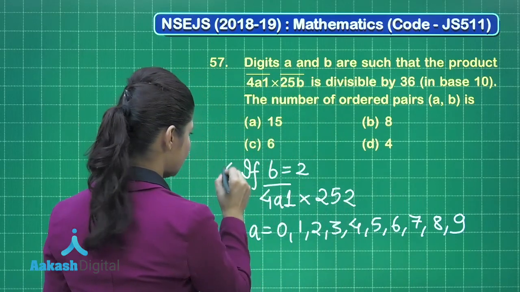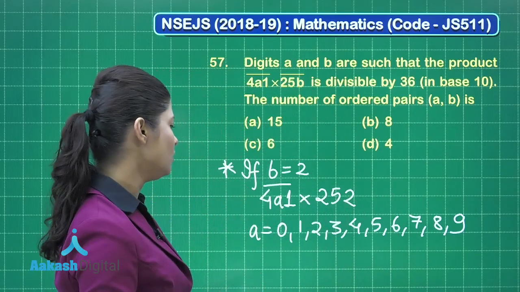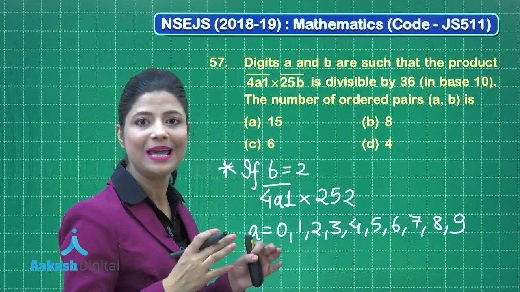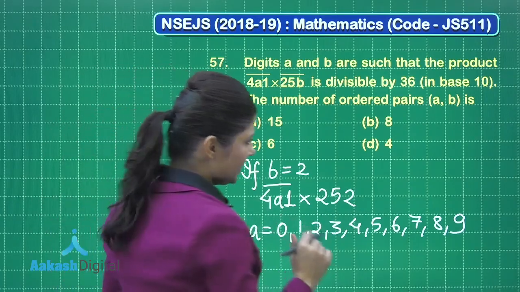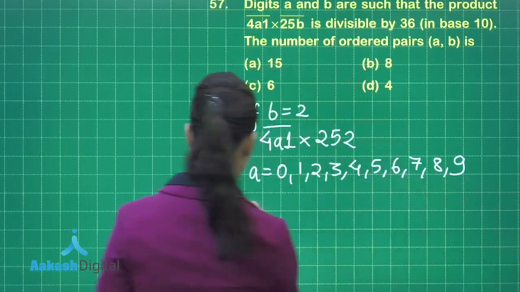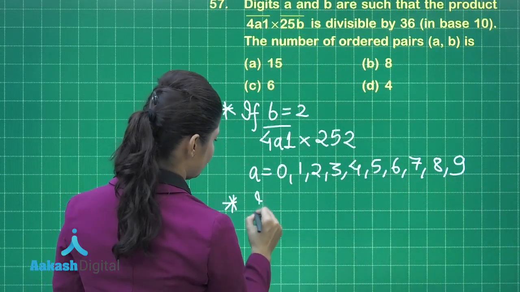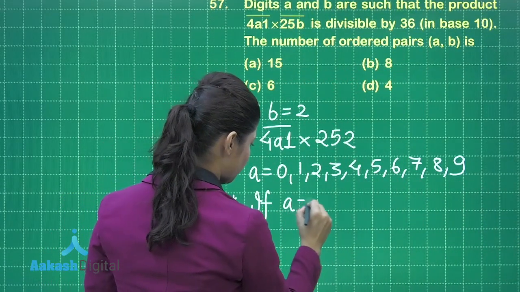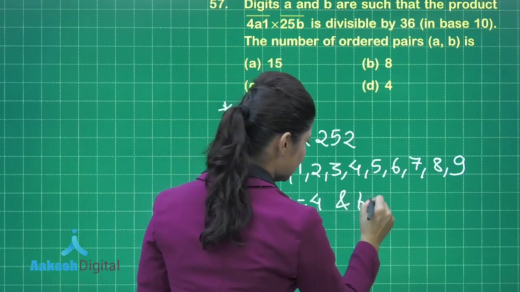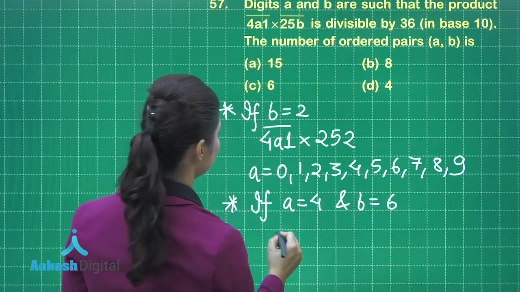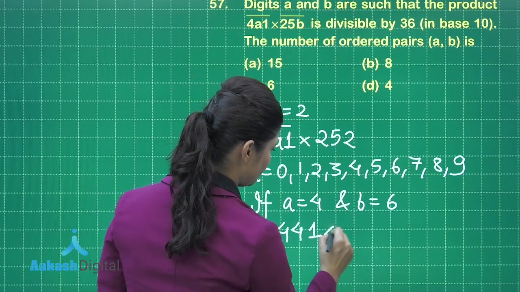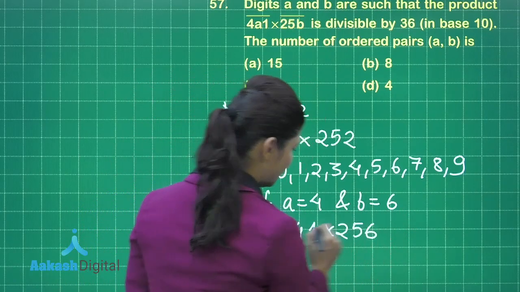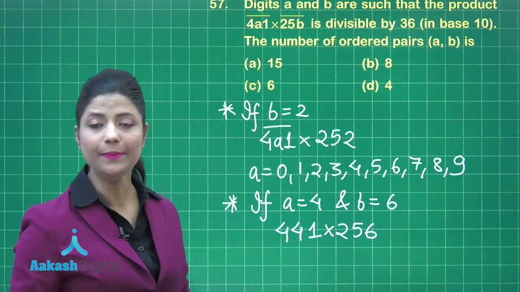So we have considered the first case. If B is 2, A could have these possible 10 values. That means we have 10 pairs of values for A and B. The next possibility arises if you take A equal to 4 and B equal to 6. You will obtain the number 441 into 256. Now this product is also divisible by 36.